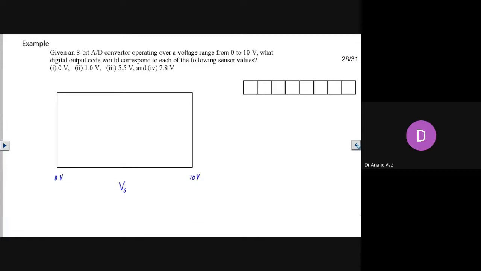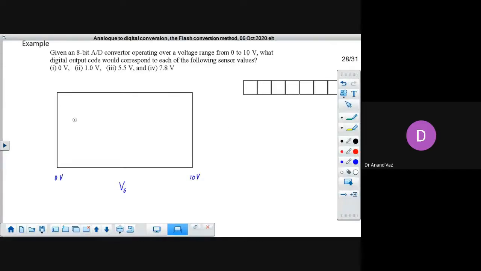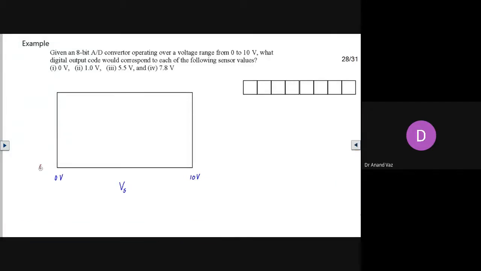And for the digital part, let's say that 0 volts is 0 in the decimal system. I'm writing it deliberately in the decimal system, and because it is an 8-bit representation, you can go from 0 to 2 raised to 8 minus 1.